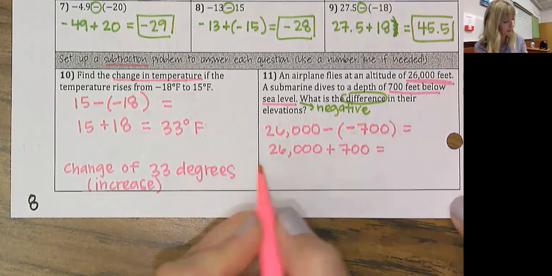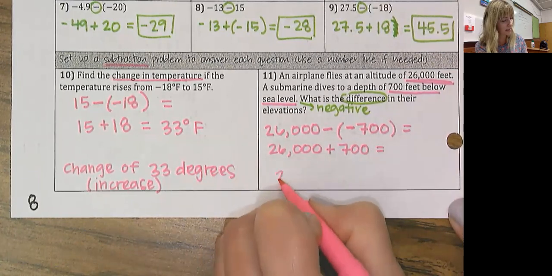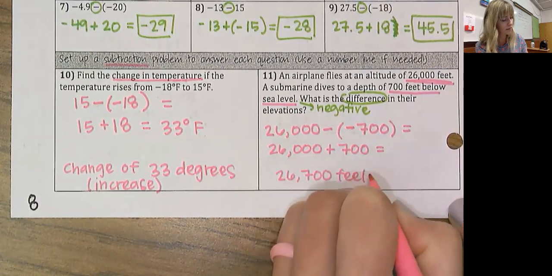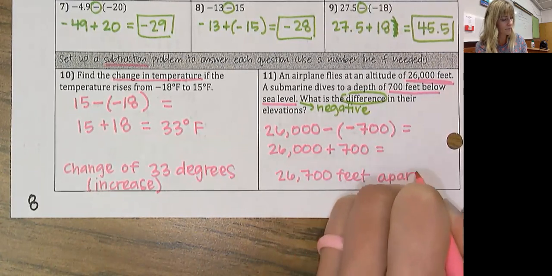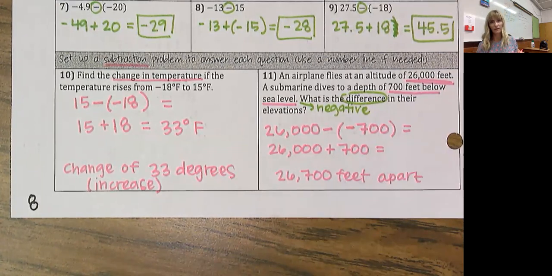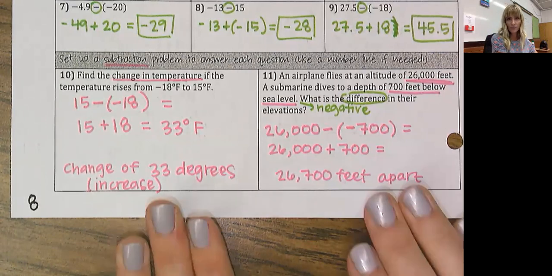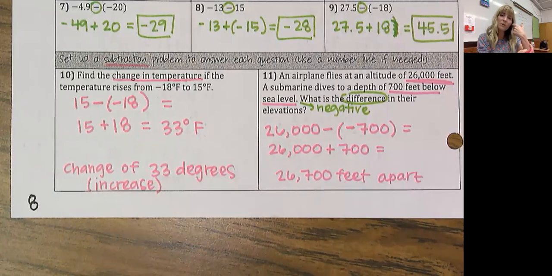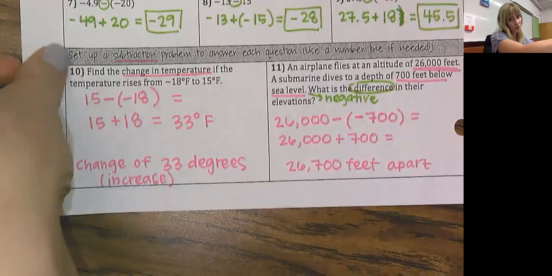And the difference in their elevations is they are 26,700 feet apart from each other. That's the difference in their elevations. That's how far apart they are. Okay, so we got these last couple questions down here. These are really the main new type of problems that you need to be able to model with mathematics in 7th grade. Turn your attention to page 9.